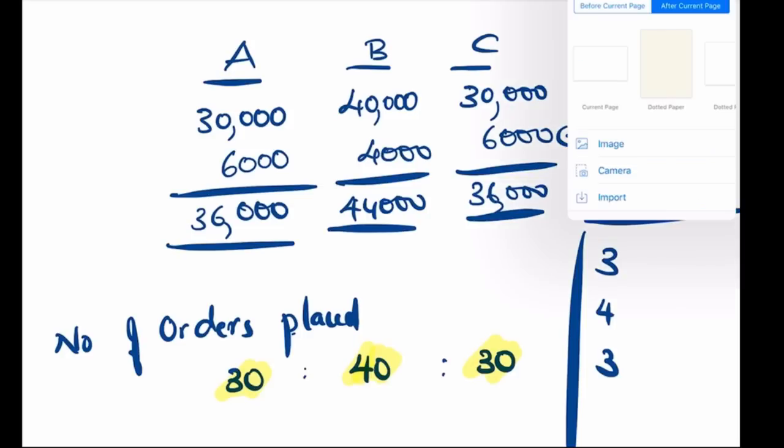Now sometimes what happens is, let's say there are departments A, B and C, and there are service departments S1 and S2.